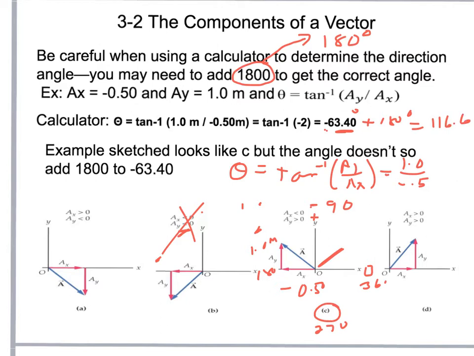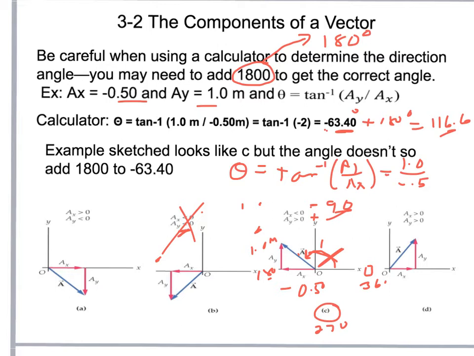So that's more like it. You end up getting your angle of 116.6, and that puts you right in between. It's greater than 90 and less than 180. So the example sketched again, our numbers up here put us in figure C, and then that 116 is more reasonable. It puts it in the correct quadrant right there.